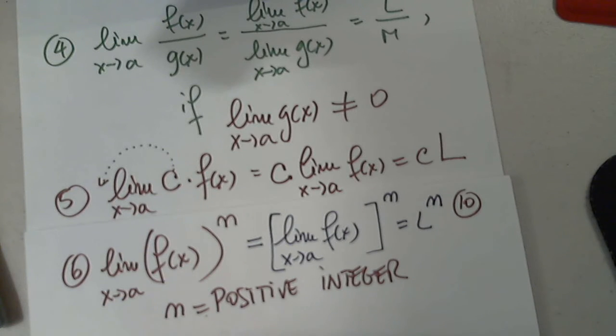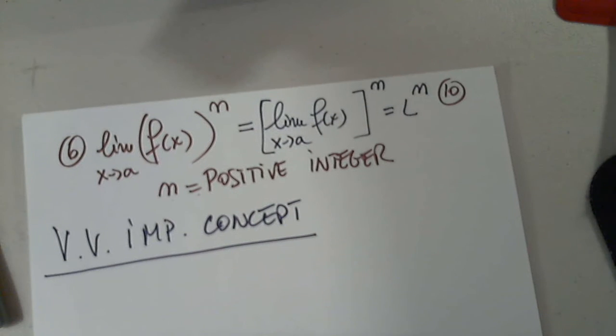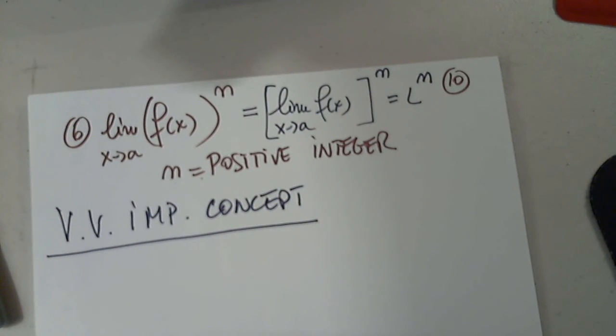And I'm going to write a very, very important concept. I don't want to go into a lot of details now about why and the conditions, because this is part of the next section called continuity. But here's a concept that I would like you to be aware of. You notice what I did here?